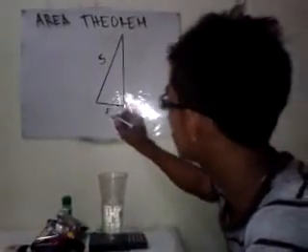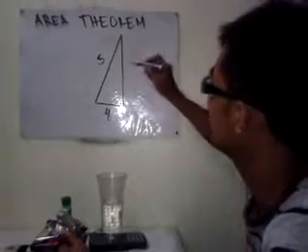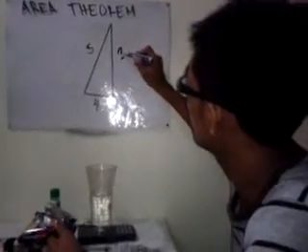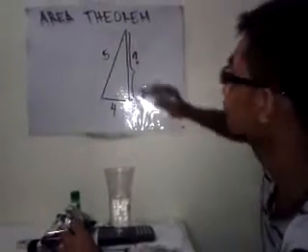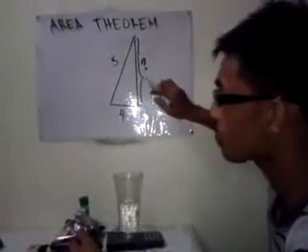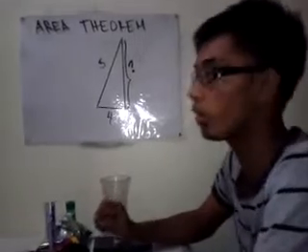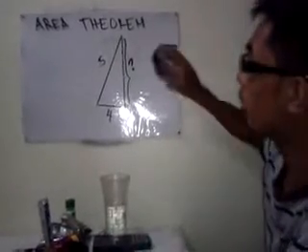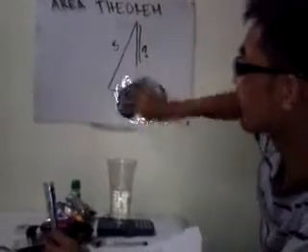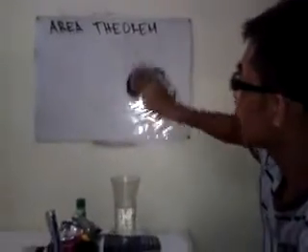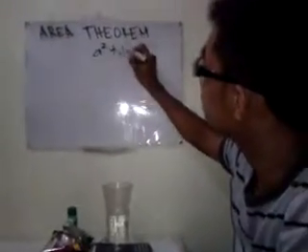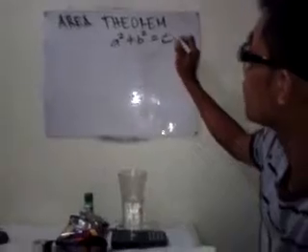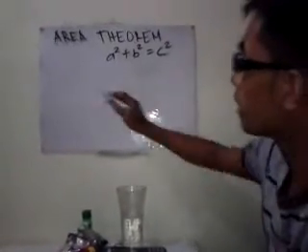So 4, and we're going to find the measure of this side, or the height rather. In order to find this, we can use the Pythagorean theorem. Actually, it's not already the scope of our report, but since we're looking for the height, we're going to use it. The Pythagorean theorem is a squared plus b squared is equal to c squared.